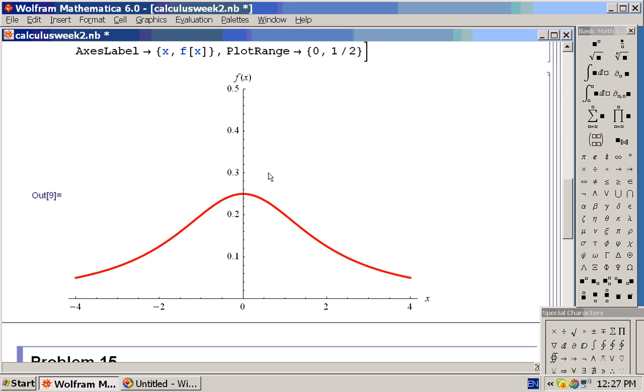You can see that's roughly what we expect. It has its maximum value at a quarter here. The bit on the left is the mirror image of the bit on the right, and it comes slowly down to 0 as x becomes large.